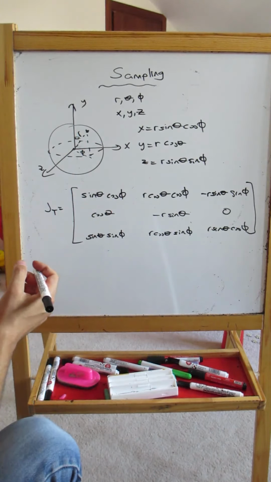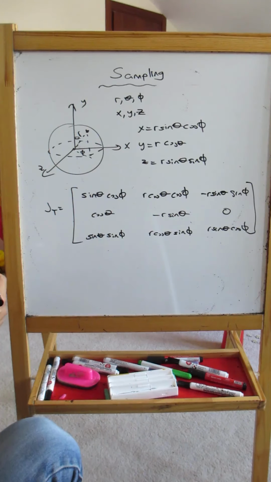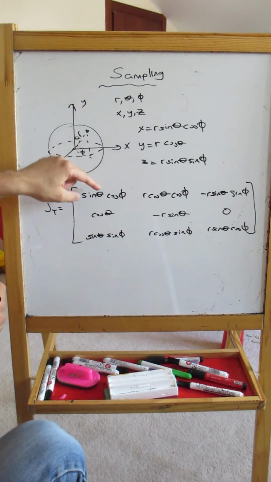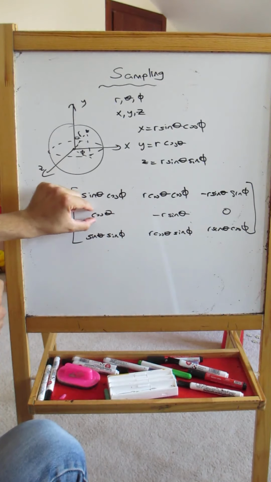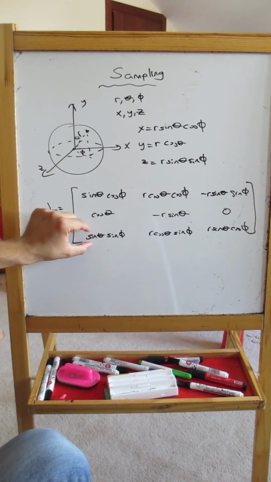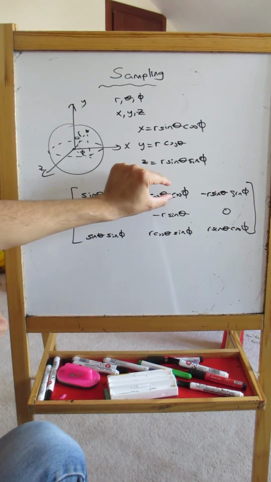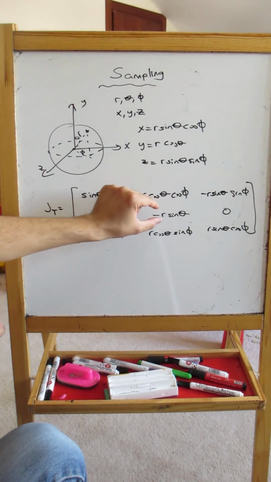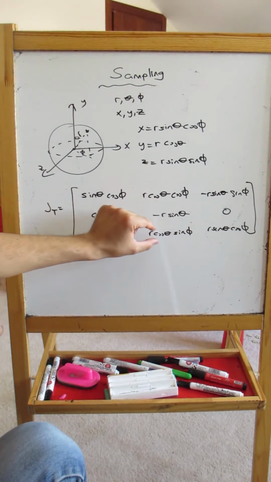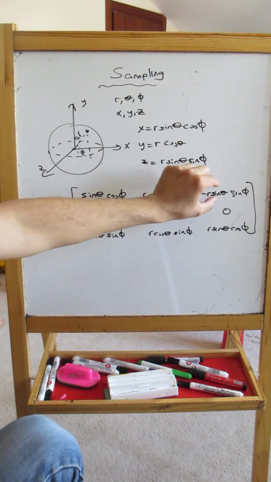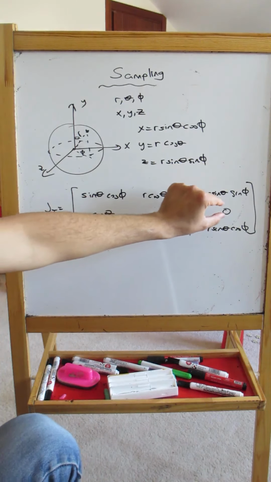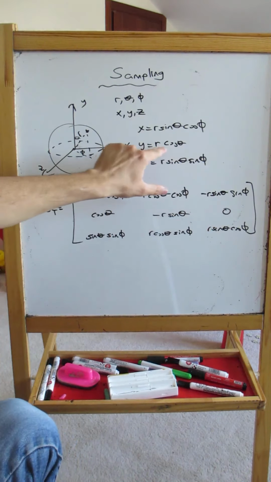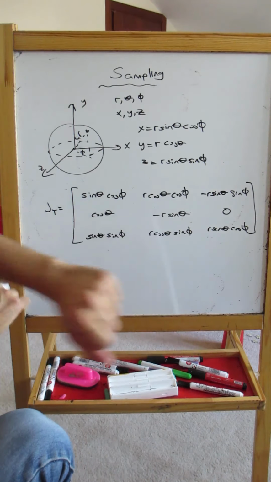The first column represents dx over dr, dy over dr, dz over dr. Then dx over d theta, dy over d theta, dz over d theta, and dx over d phi, dy over d phi. Here you can see 0, because there is no phi term here, and then this is dz over d phi.